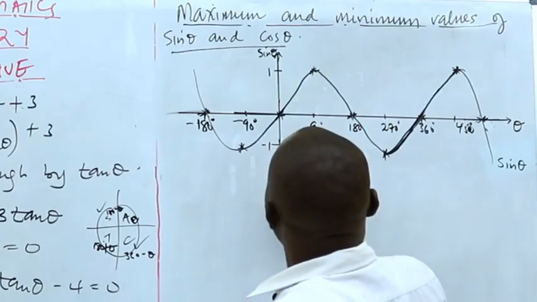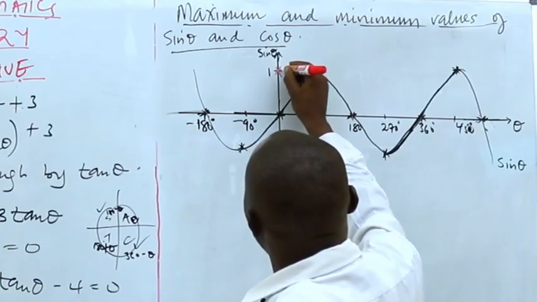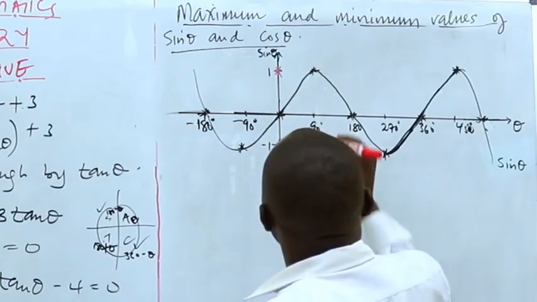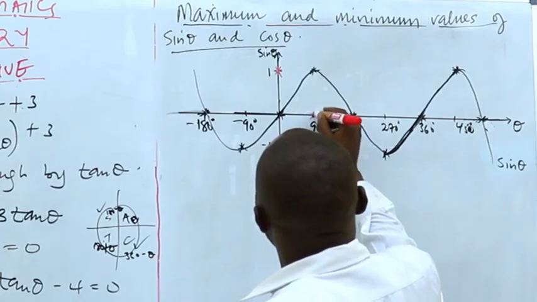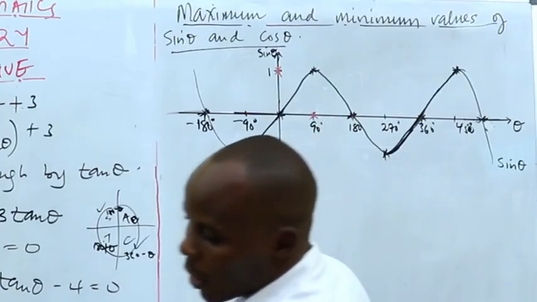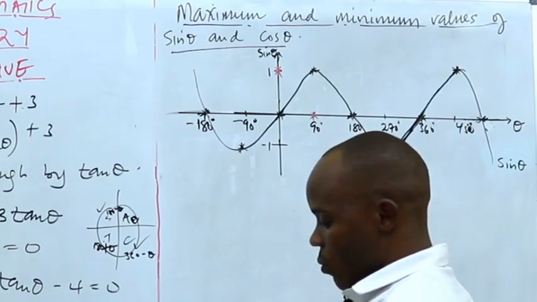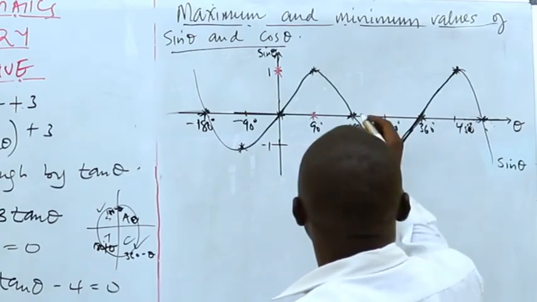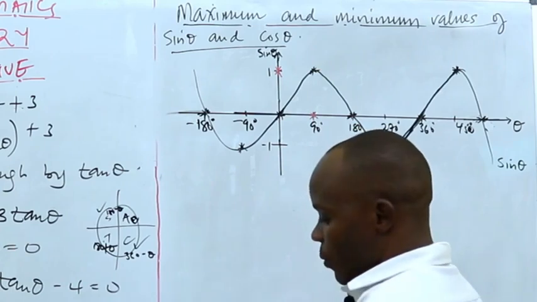Cos of 0 is 1. The cos of 90 is 0. You can cross-check the cos of 180. This is -1. We have it here. Cos of 270.